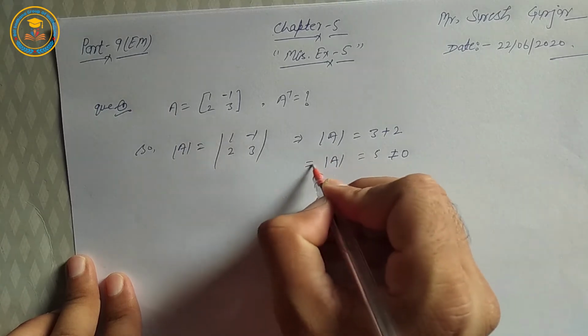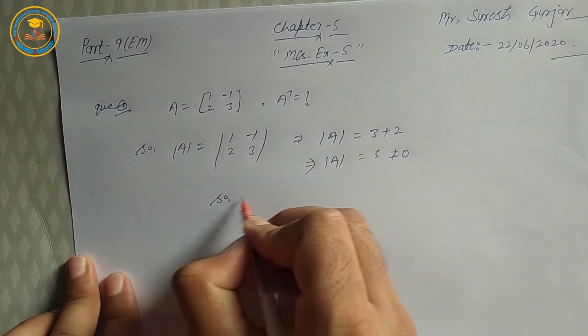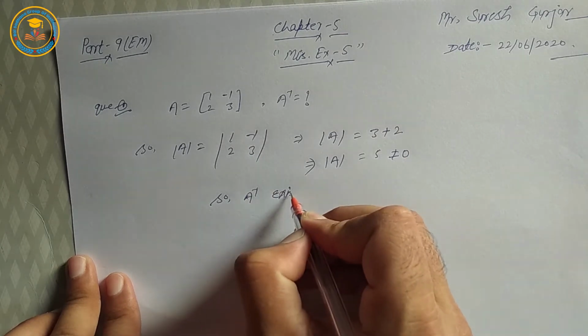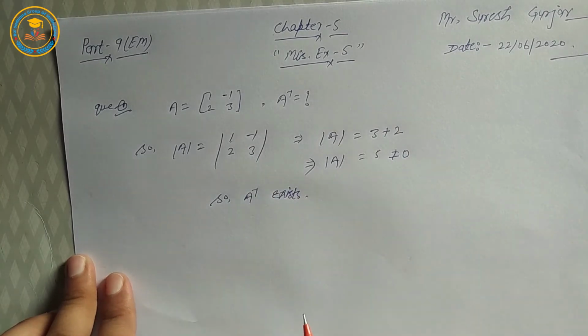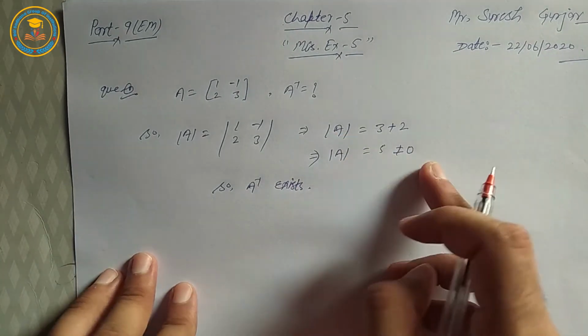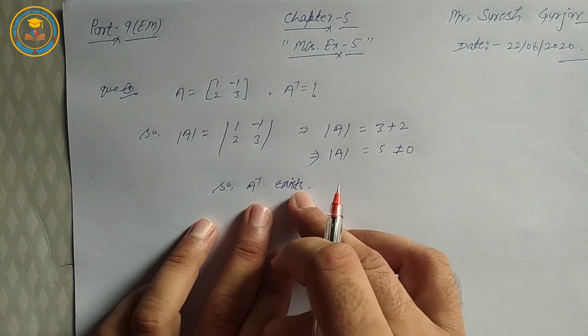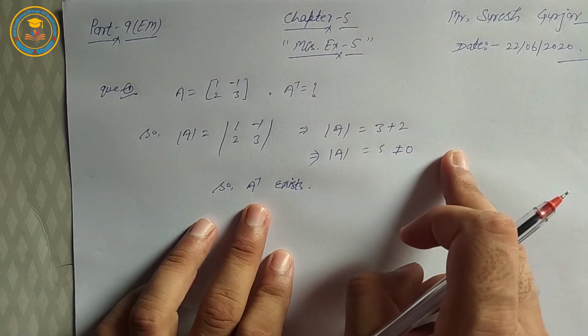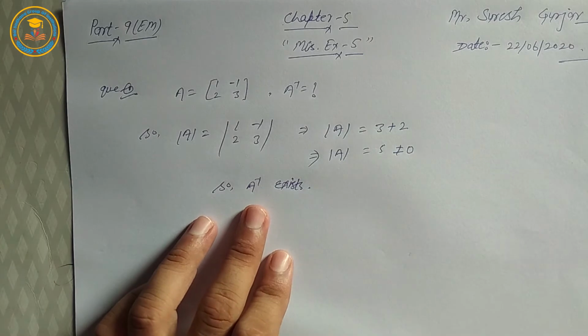Determinant A not equal to 0, so A inverse exists. But if determinant A equal 0, then A inverse does not exist.